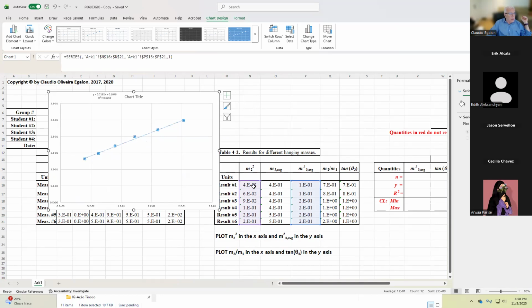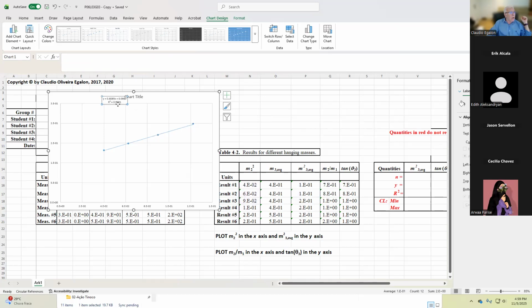The 2 points at the end of the curve, Ben, should be the last 2 in the table. Let's exclude them from the plot and see if we get a better slope. It's not much better, it's 0.8085.